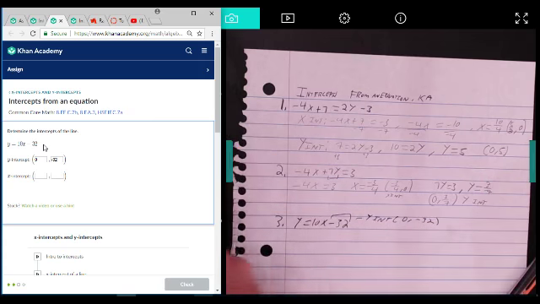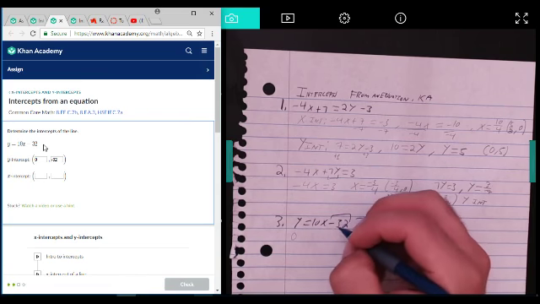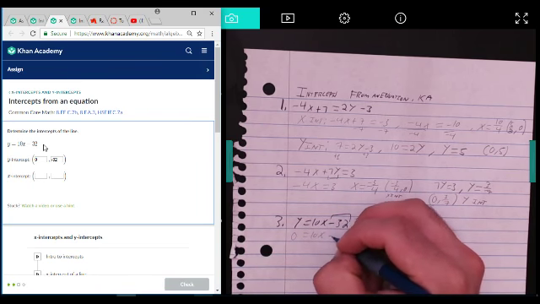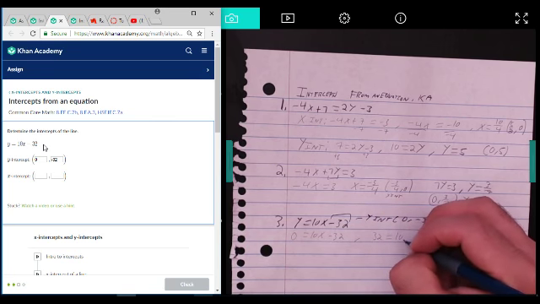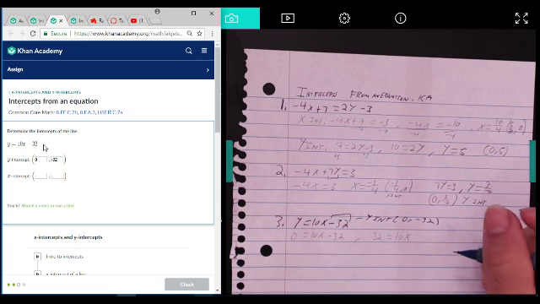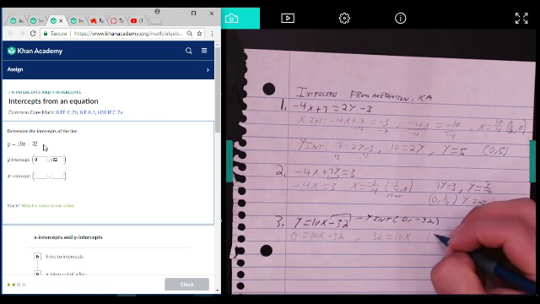Now to find the x-intercept, that's the value when y equals 0, so we can say that 0 is equal to 10x minus 32. So 32 is equal to 10x, and then we just simplify, so that means that 16 is equal to 5x.